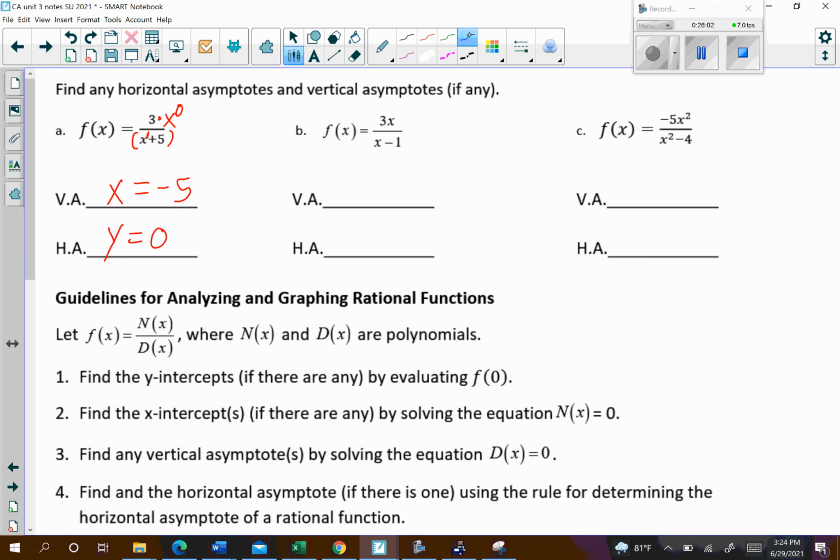The next one, the restricted value would be 1, so that's my vertical asymptote, x equals 1. Then the horizontal asymptote: you can see they're both the same power, so I will take the ratio this time. So y equals 3 over 1, or we'll just put it as y equals 3.